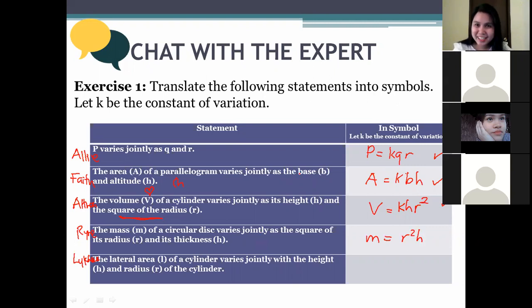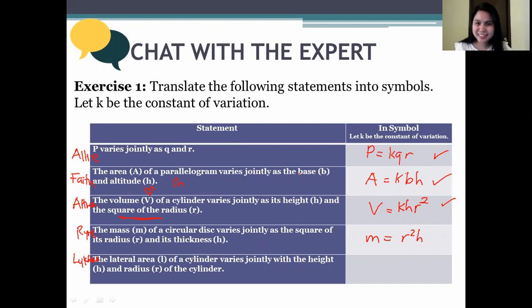You're missing one letter. Let K be the constant of variation. Okay, K, ma'am. Very good. So mass is equal to K, the constant of variation, the square of the radius, that's R squared, and thickness H, we have H.